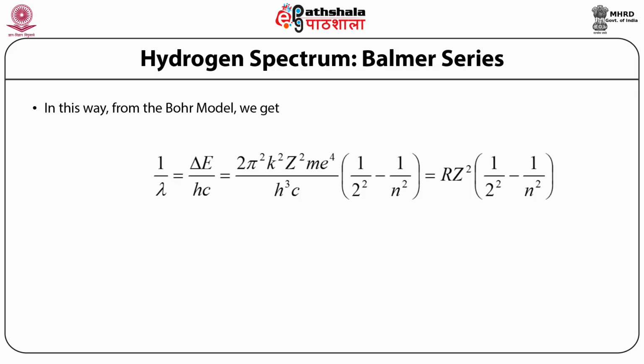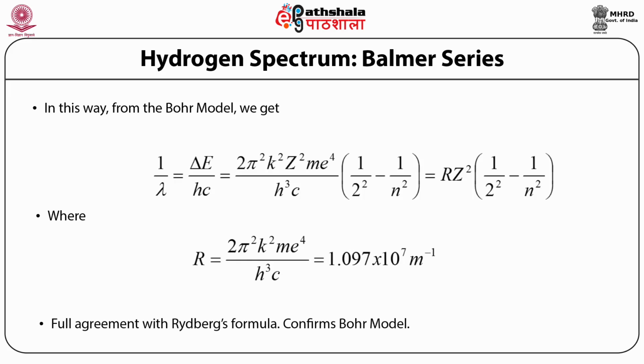So that's the way you can get lambda, or in this formula as it is shown, 1 by lambda, which is equal to R z square times 1 by 2 square minus 1 by n square. And you straight away get the value of the Rydberg constant in terms of the atomic parameters. And this really is in full agreement with Rydberg's formula, and this also confirms the Bohr model. It says that Bohr's model is correct.